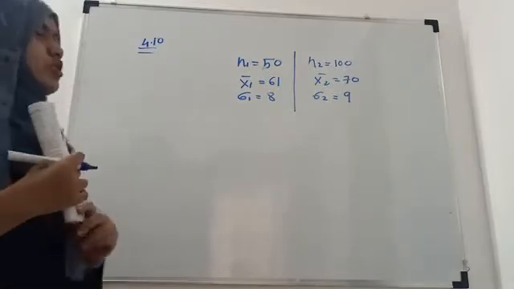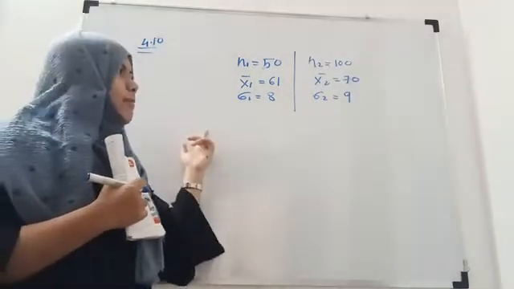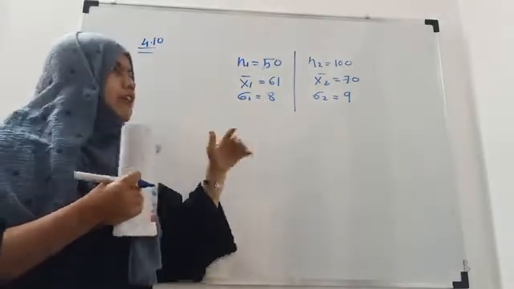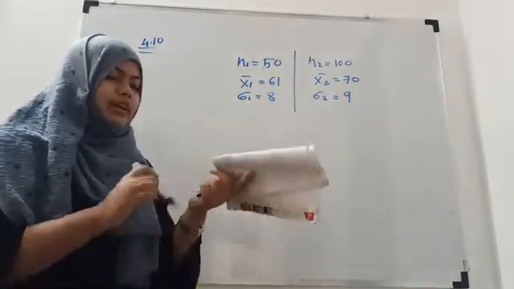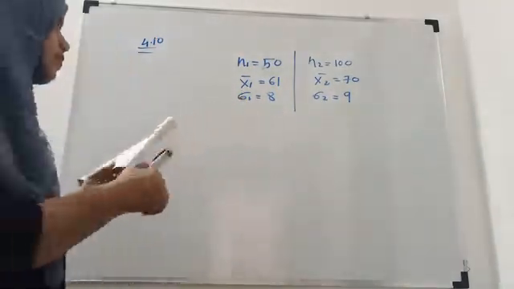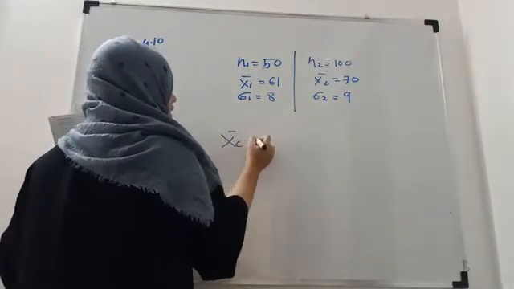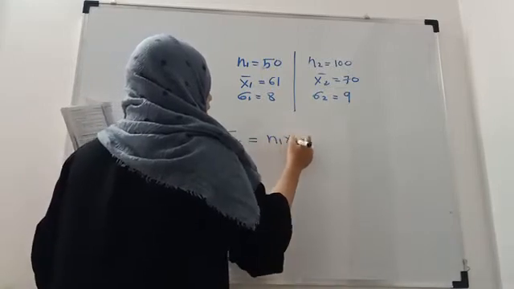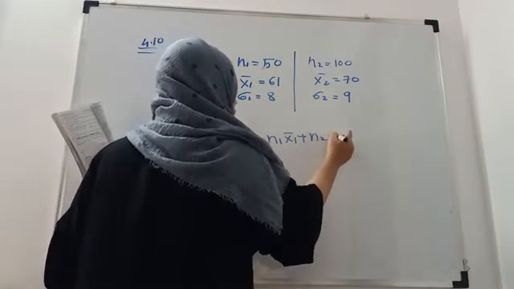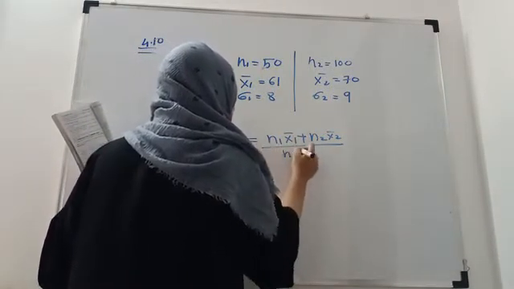First of all we have to find the combined mean, and then the combined standard deviation. For the combined mean, we have the formula xc is equal to n1 x1 bar plus n2 x2 bar divided by n1 plus n2.